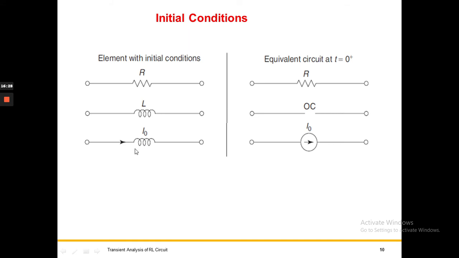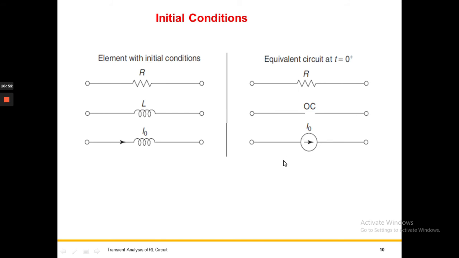So even after closing the switch, this current remains the same through the inductor. This is at time t equal to 0 plus. t equal to 0 is the time at which you are closing the switch. So at time t equal to 0 plus, the current will be the same.